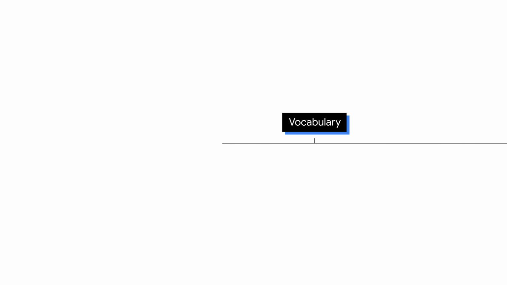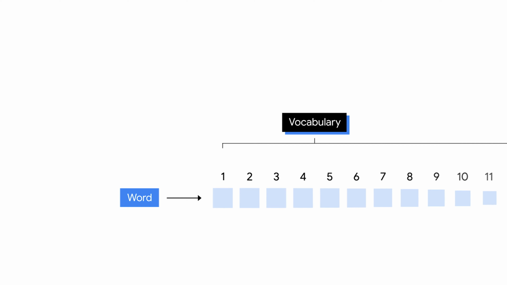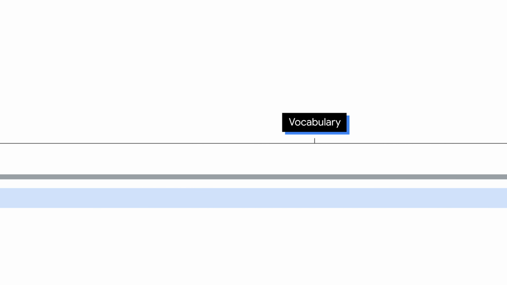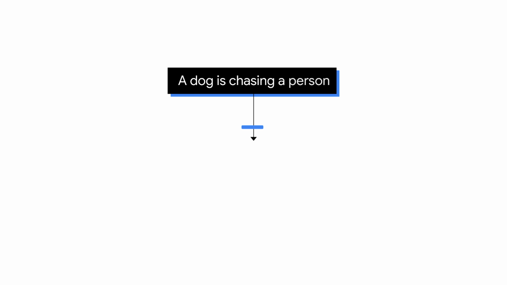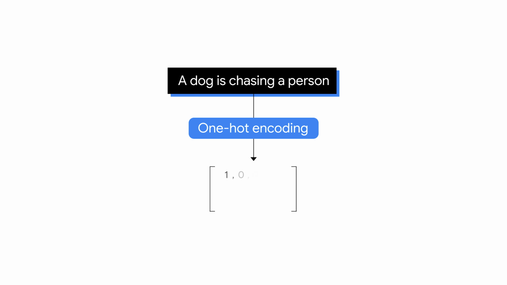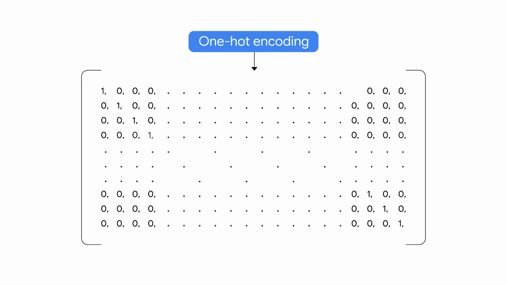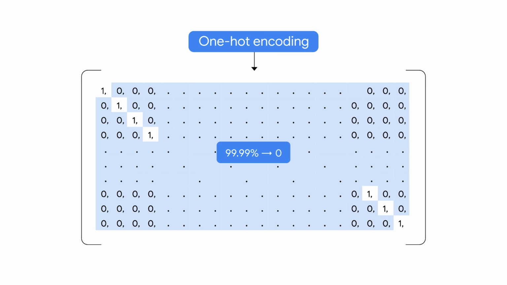The dimensions of each vector depend on the size of the vocabulary, which can easily be tens of thousands. Also, most of the values of each vector are zeros, which means that this is a super sparse representation. Imagine you have 10,000 words in the vocabulary. You can create a matrix where 99.99% of the elements are zero. This results in a large, sparse matrix, which can lead to computational waste and model overfitting.